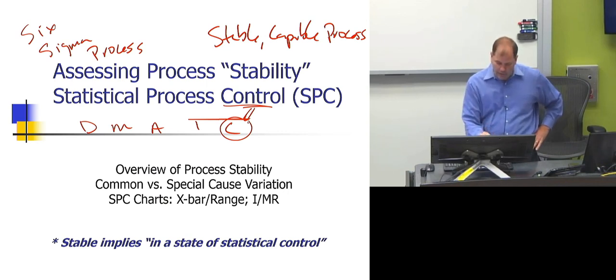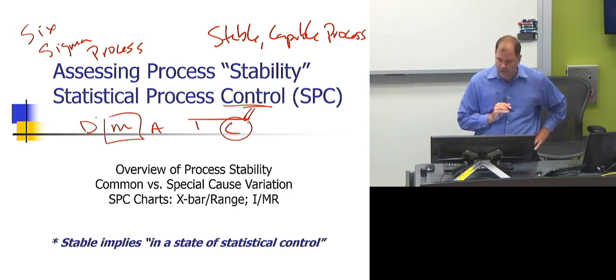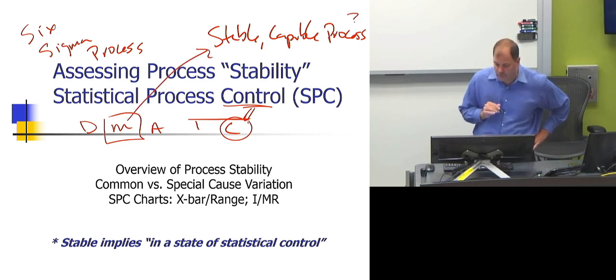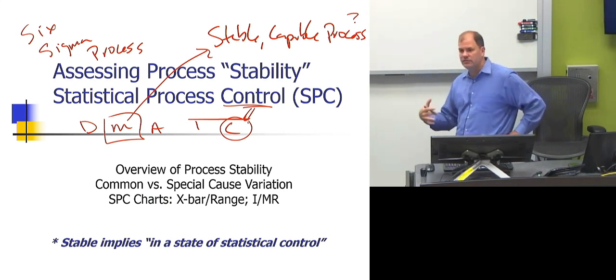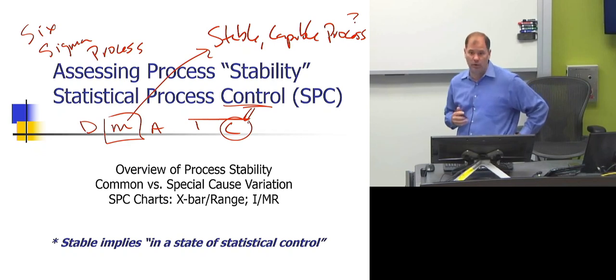However, arguably its most power in terms of DMAIC is as part of the measure phase, because one of the questions we want to answer in the measure phase is, do we have a stable, capable process historically? In order to do that, we will make a control chart.